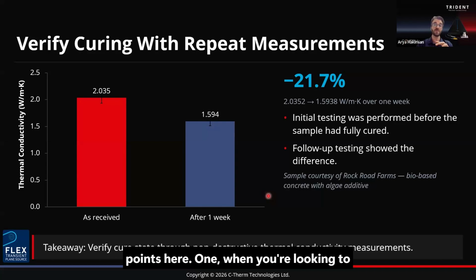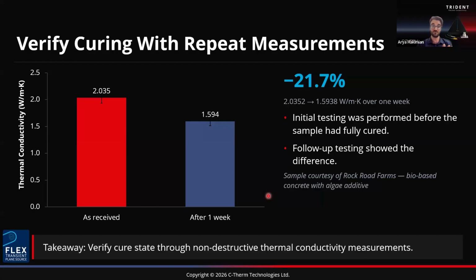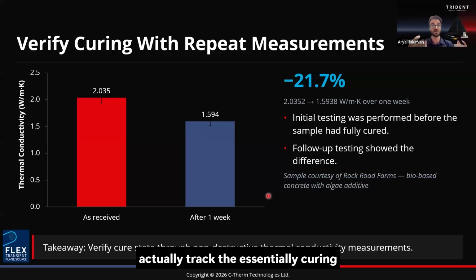One is, when you're looking to develop your testing protocol for your materials, either looking at fully ensuring that the samples have cured before you do your QA/QC test to put out a certified value on the material. Or you could even measure at different time intervals to track the curing through the thermal conductivity.